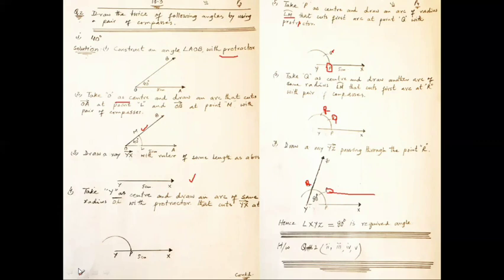Now that arc cuts YX at point P. Now take P as center and draw an arc of radius LN from the center P that cuts the first arc at Q. Now from Q, draw another arc of the same radius from the center Q that cuts the first arc at point R. Now draw YZ that passes through the point R. Now XYZ is the required angle, equal to twice the first angle.